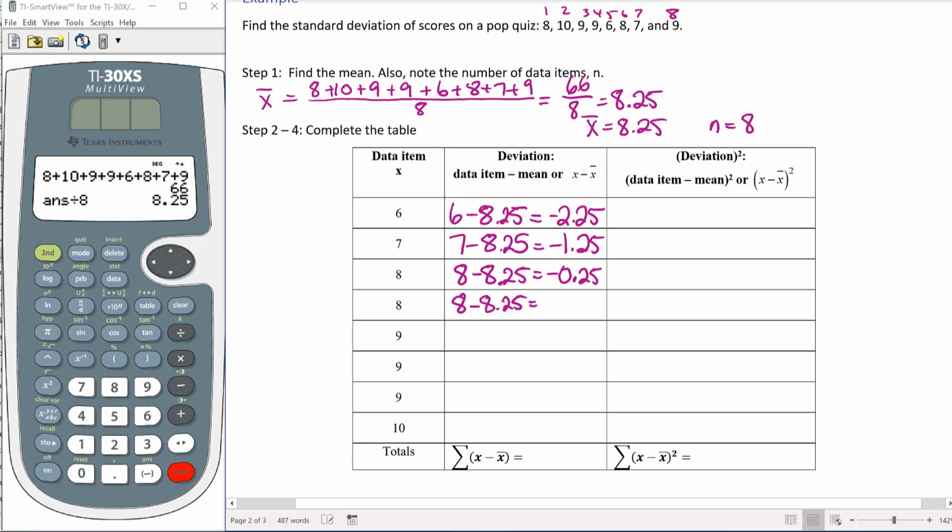Do I really have to write it all out again? Probably not, I could have just brought that down. Next, 9 minus 8.25 is 0.75 positive, and that appears 3 times. And then the last one, 10 minus 8.25 is 1.75.